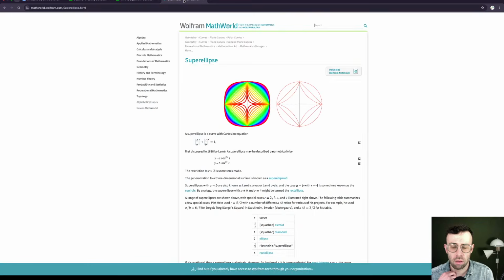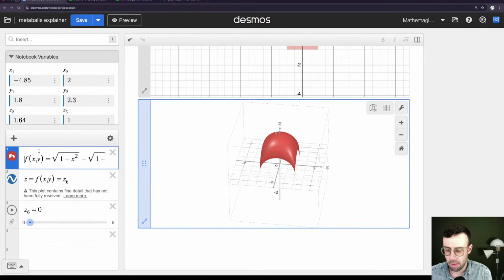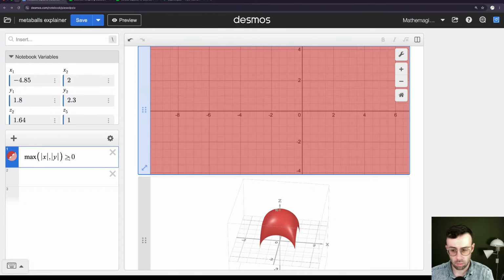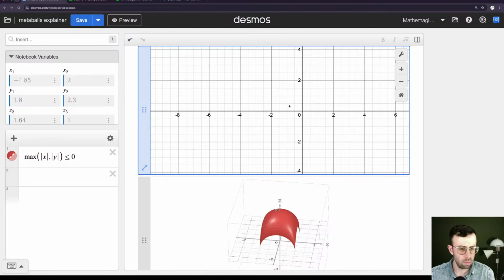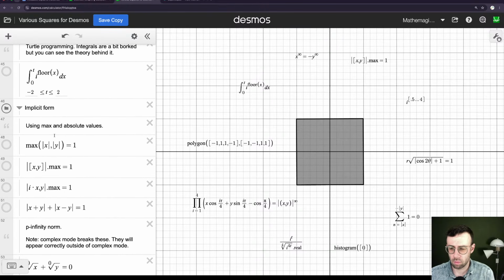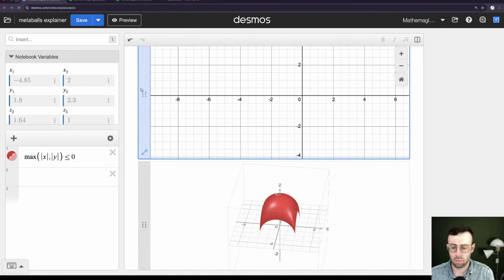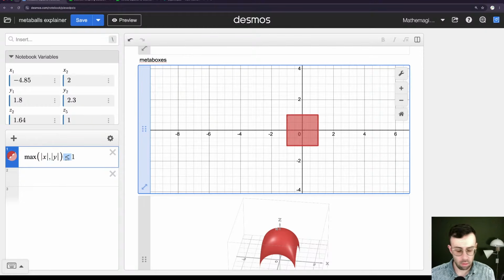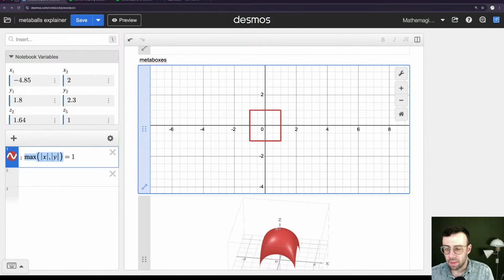Wait, what am I doing wrong? Oh, 1. Okay, then how does that look in 3D?